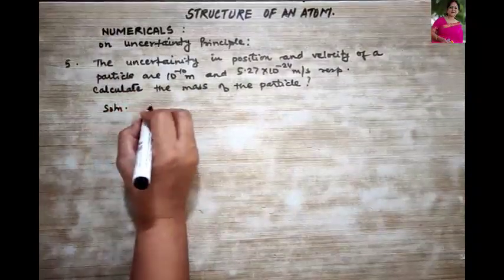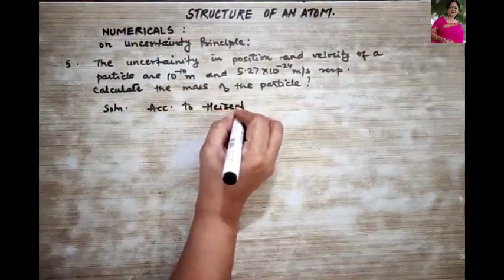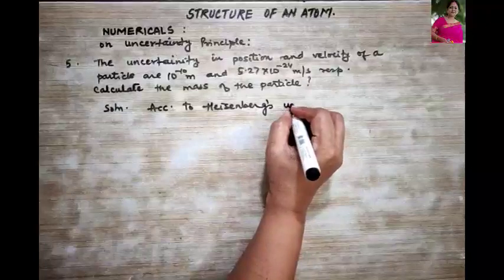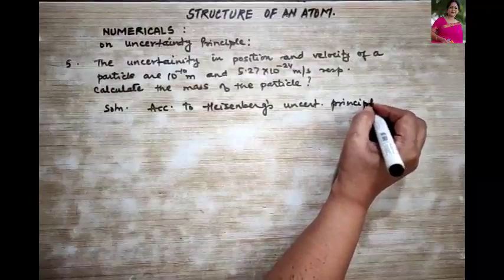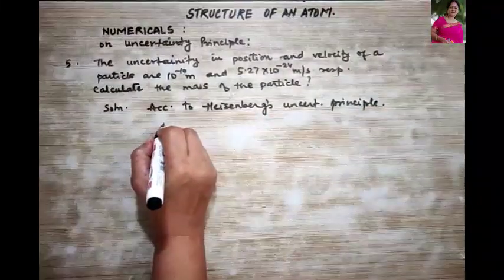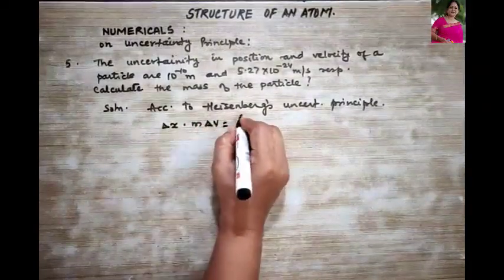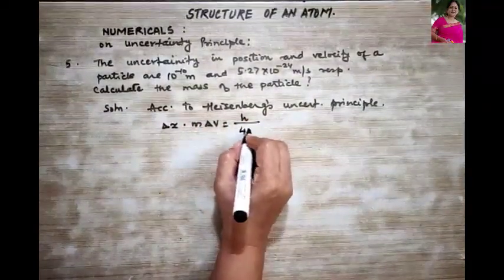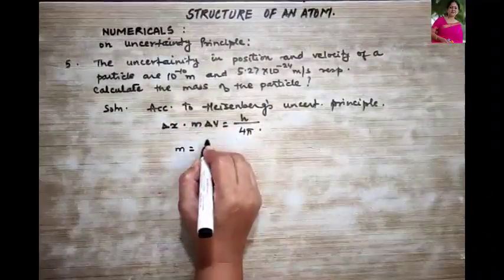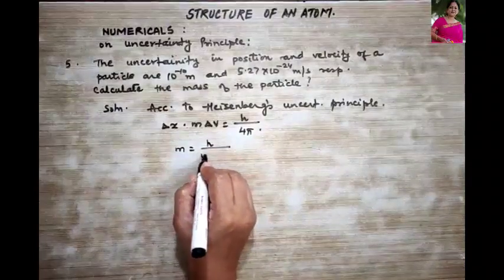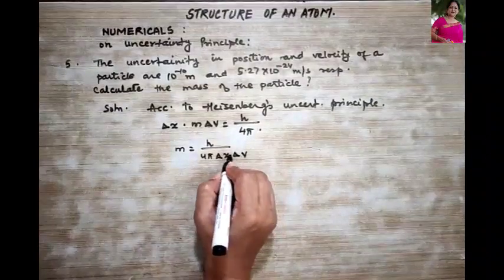So what do we write? According to Heisenberg's uncertainty principle, right? Delta x into m delta v is equal to what? H upon 4 pi, right? We have to calculate the mass. So mass will be equal to how much? H upon 4 pi delta x delta v.